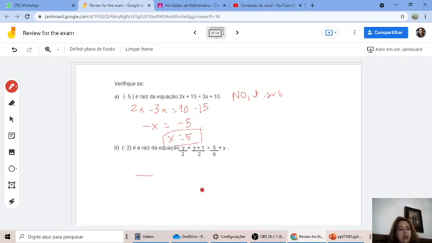So I will put everybody over 6 because of the MMC, right? And now check. 6 divided by 3, 2. 2 times y, 2y. 6 divided by 2, 3. 3 times y, 3y, times 1 plus 3. 6 divided by 6 is 1 times 5, 5. Here is over 1, divided by 6 is 6. 6 times y, 6y.